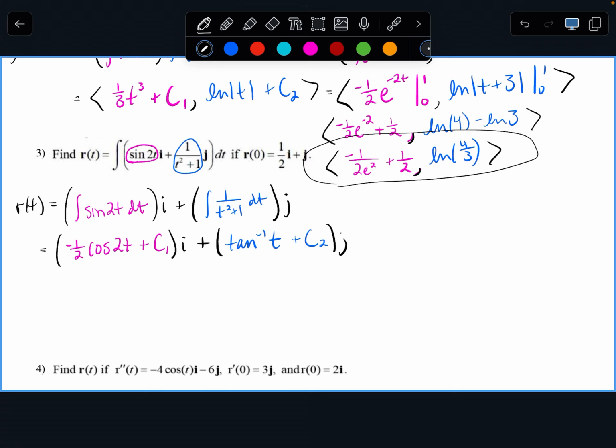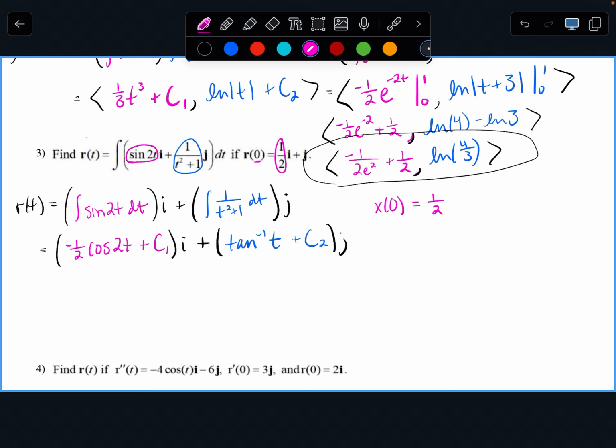Okay, so now, once you have it integrated, you're going to solve for c. You know how they give you the initial condition? These are the initial conditions. So this one here is saying x of 0 is a half.